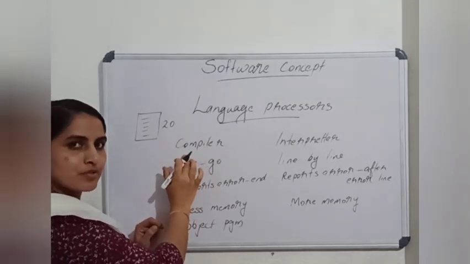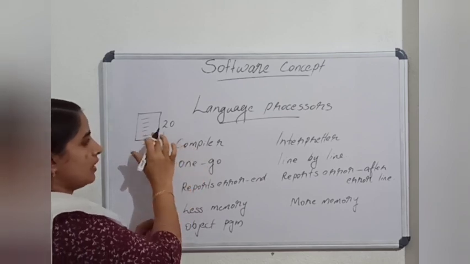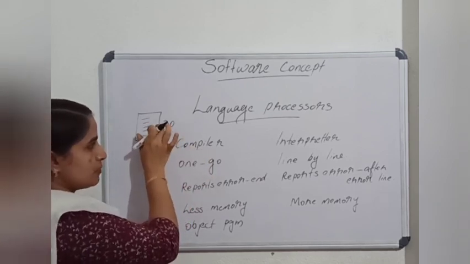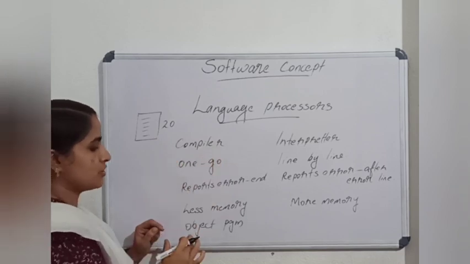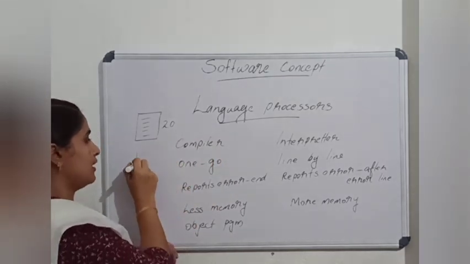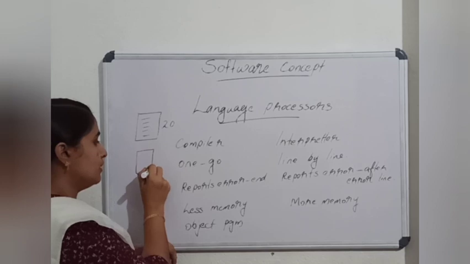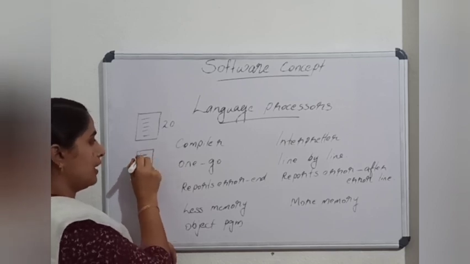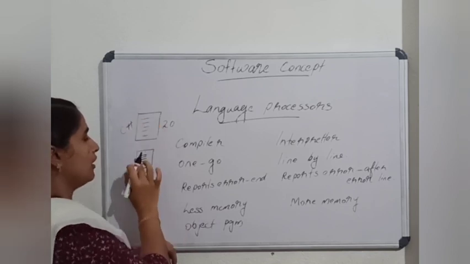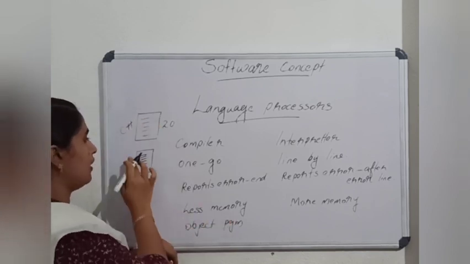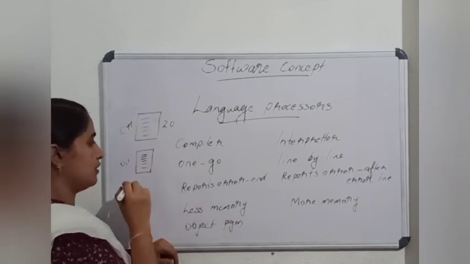Compiler is a program, so it must be there. When this program becomes error-free, it creates an intermediate file called an object program file, with the same code in binary format. Suppose this is written in C++ code, it creates an intermediate file in the form of zeros and ones.